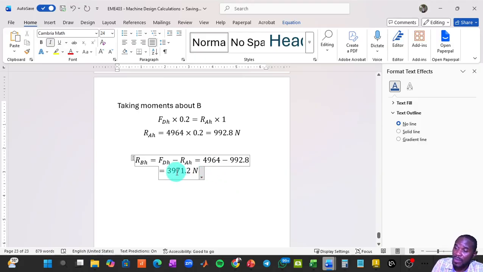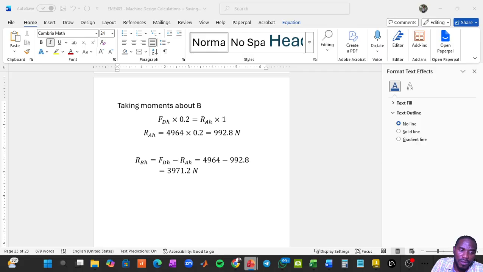So you can see that's significantly higher than this. So now that we know all these values, we can find the moments at points C and D as a consequence of all the forces acting in the horizontal direction first, and then in the vertical direction.